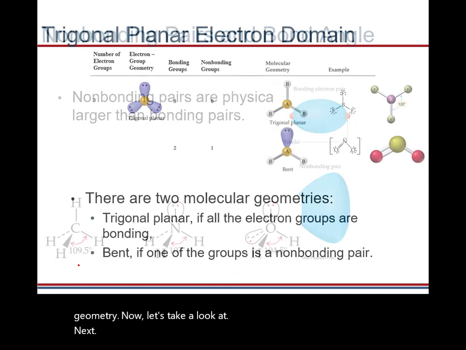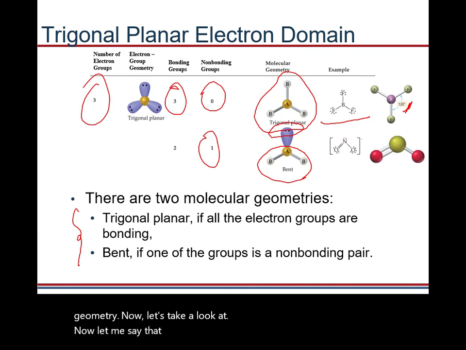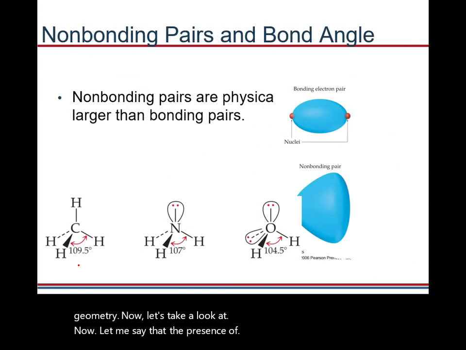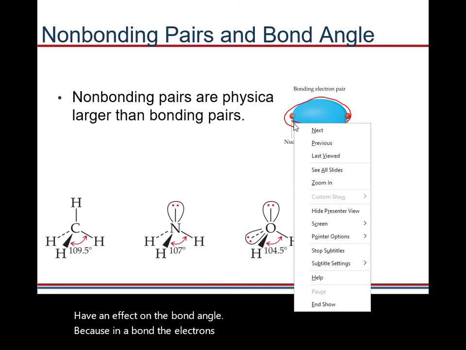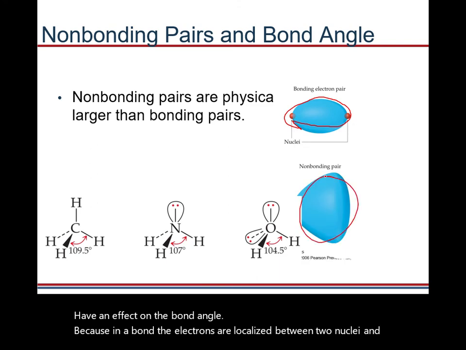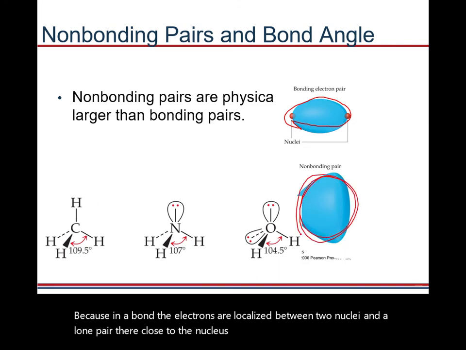Now let me say that the presence of electrons has an effect on the bond angle. Because in a bond, the electrons are localized between two nuclei. In a lone pair, they're close to the nucleus of bonding. It's going to push even further and it's going to make the bond angle less.